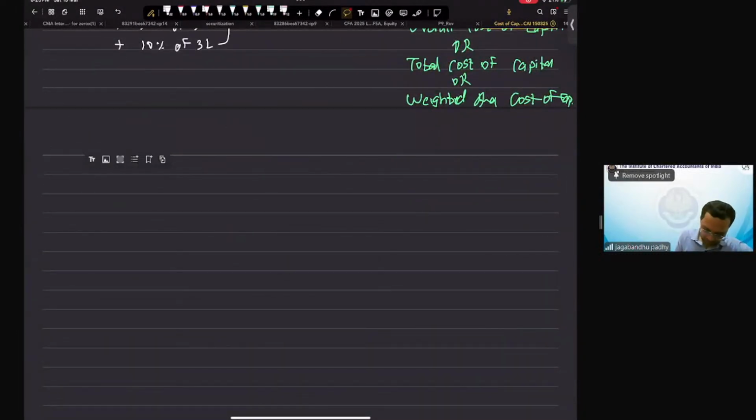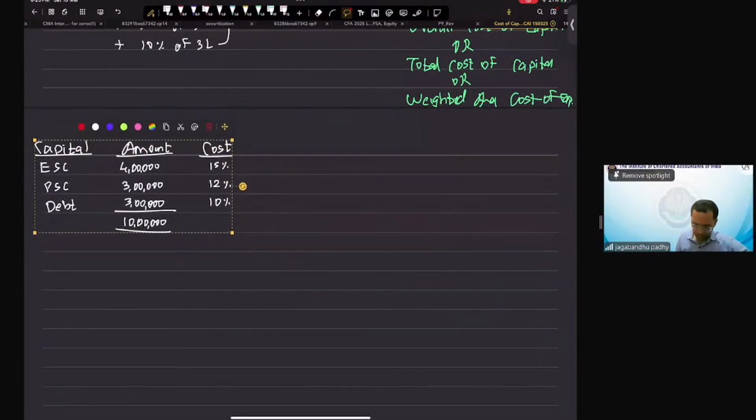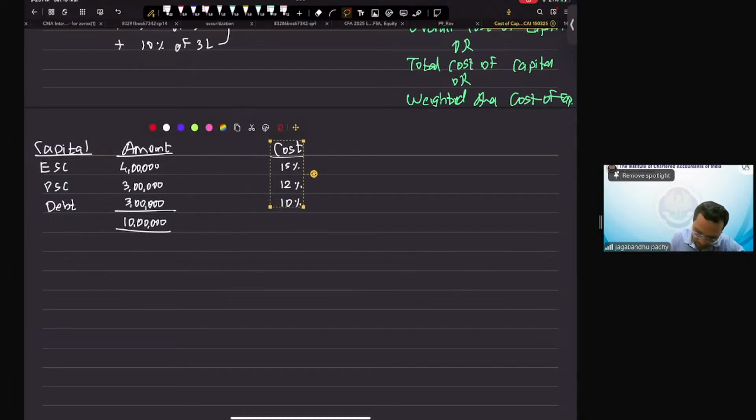Why do we call it a weighted average? Let me just calculate this number in a bit different way. We have the amount and the cost. I can just slide this amount a bit, and then I'll start with giving you the weights. Weights are 1. Total of weights should be 1.